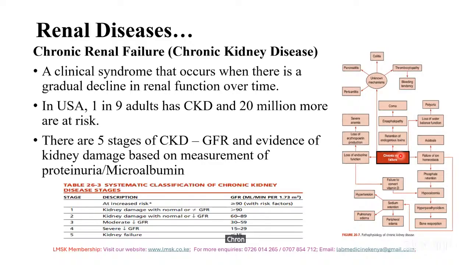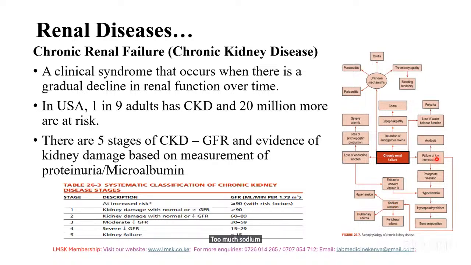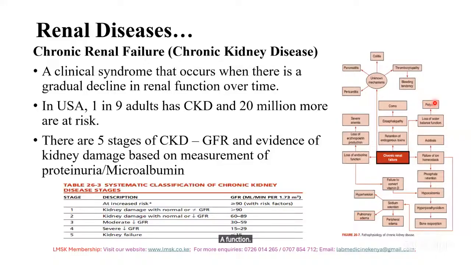Chronic renal failure can also lead to failure in ion homeostasis, which can lead to a lot of sodium retention and can lead to peripheral edema, can also lead to pulmonary edema, can also lead to hypertension because of too much sodium there. It can also lead to acidosis. It can also lead to loss of water function, which will lead to polyuria and loss of fluids through the kidney.